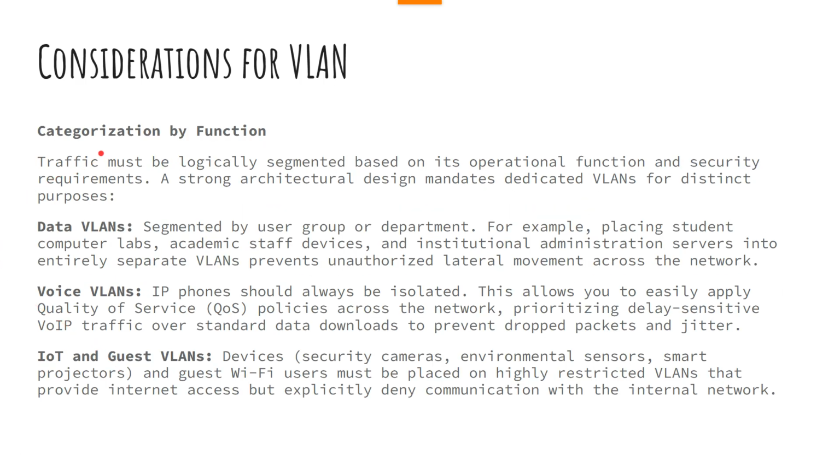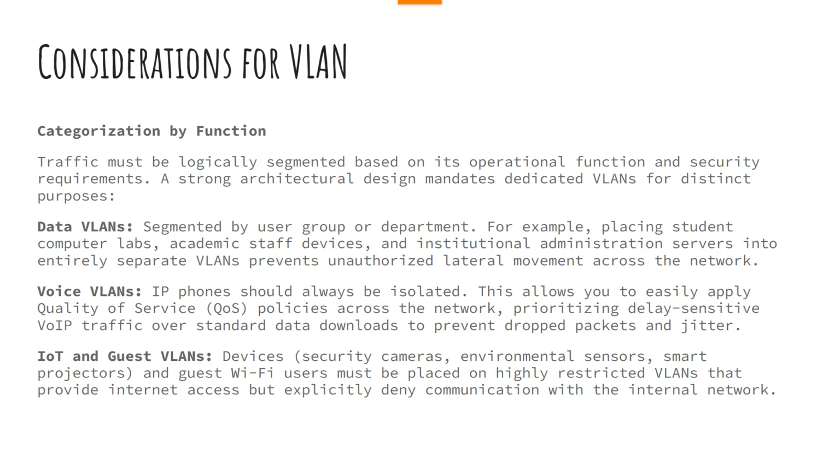The second important design consideration for VLAN is categorization by function. The traffic must be logically segmented based on its operational function and security requirement. A strong architectural design mandates dedicated VLANs for distinct purposes. So you create the VLANs based on the purpose.